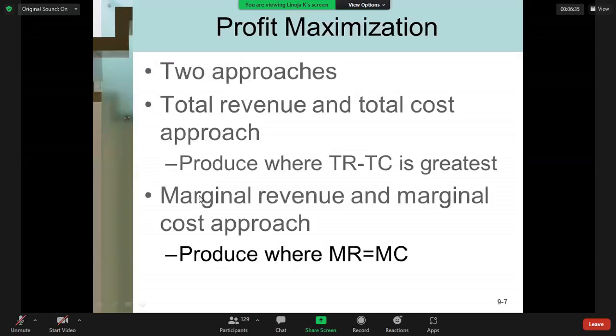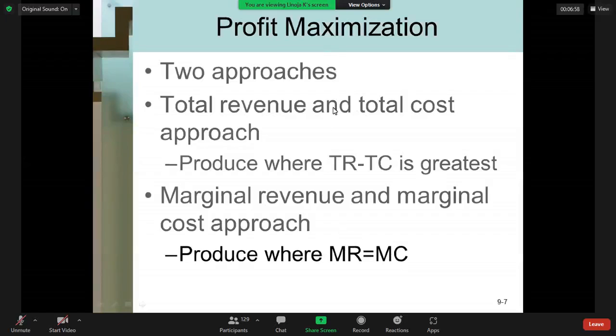In the second approach, the marginal revenue and marginal cost approach, produce where marginal revenue is equal to marginal cost. Whenever marginal revenue is equal to marginal cost, that will be the profit maximizing situation.